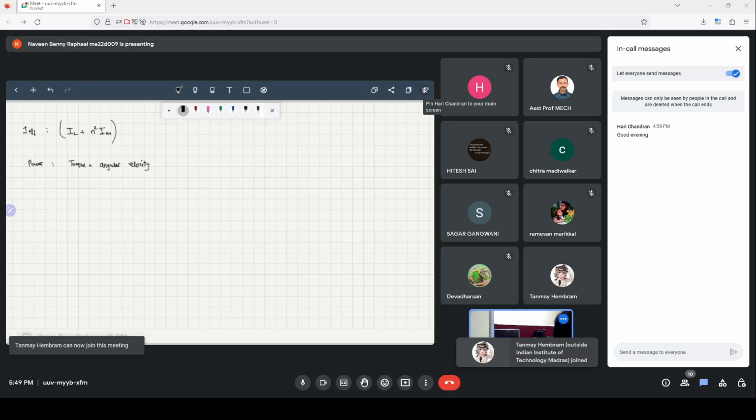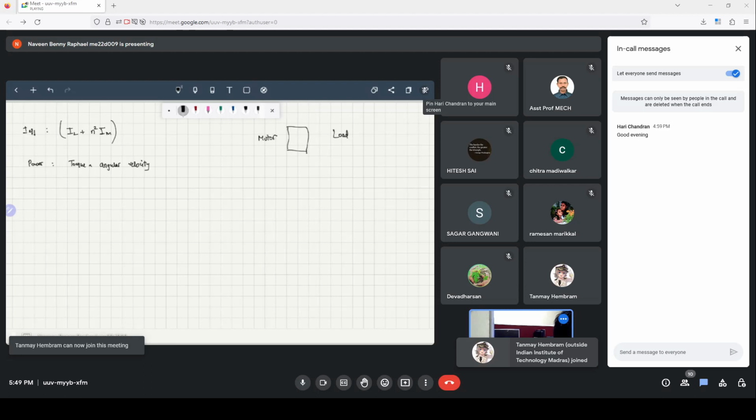In the case of a gear shift, there are two moments of inertia essentially: the moment of inertia of the load and the moment of inertia of the motor itself.